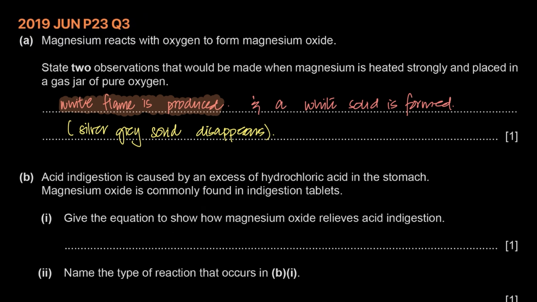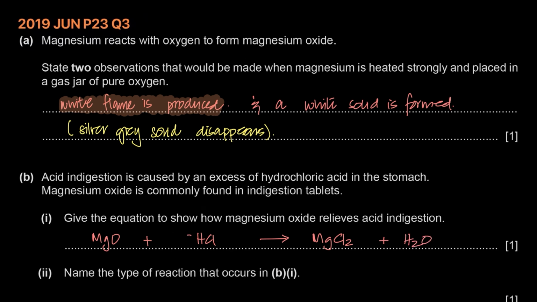So give the equation to show how magnesium oxide, which by the way is a base, so it's MgO, reacts with HCl. The HCl in our stomach produces MgCl2 and H2O.